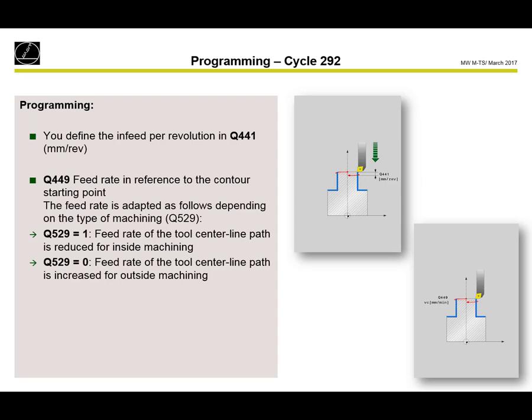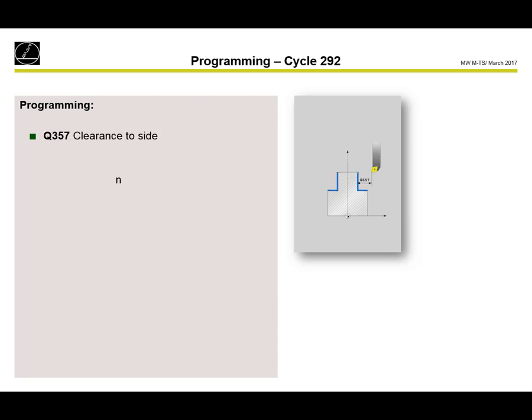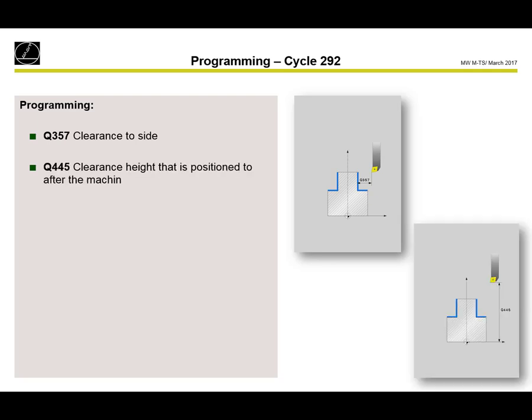Then we have the millimeter per revolution, which is the infeed. So that's how much way the control should do during one 360 degree movement. Also the clearance to the side and the clearance height.